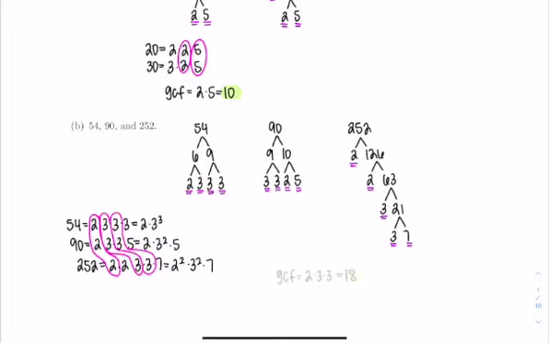And that's it. And so the GCF is 2 times 3 times 3, which gives me 18.